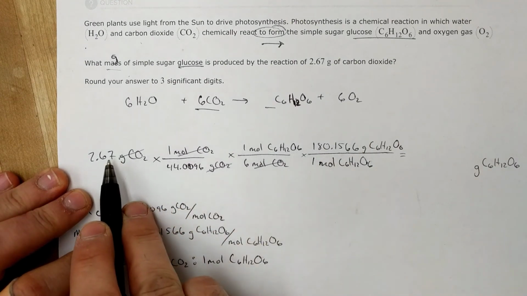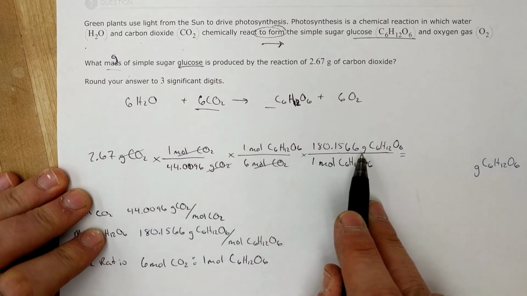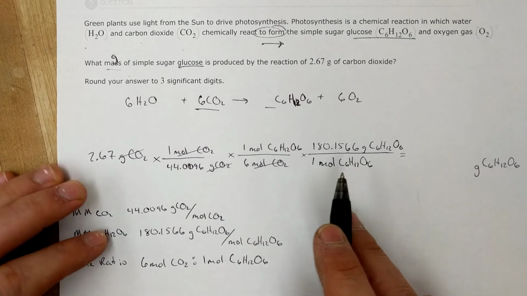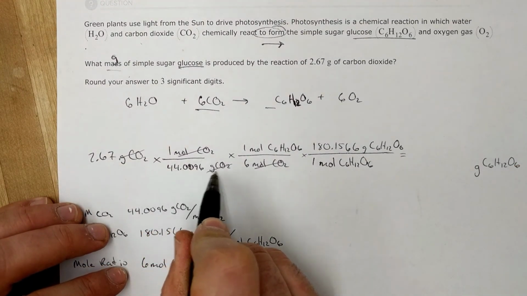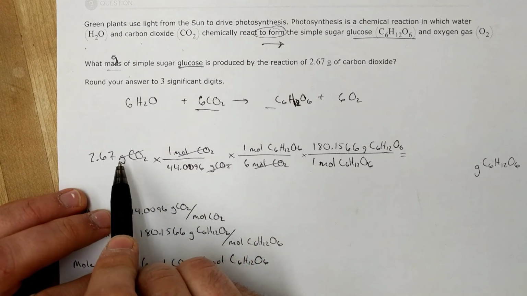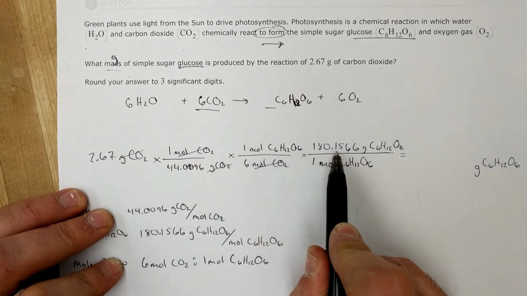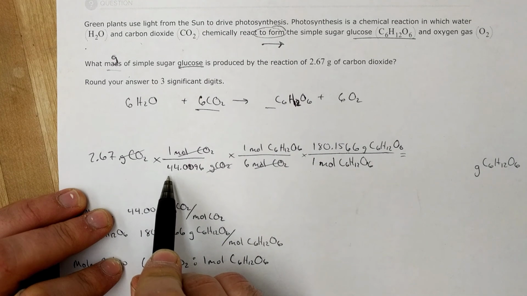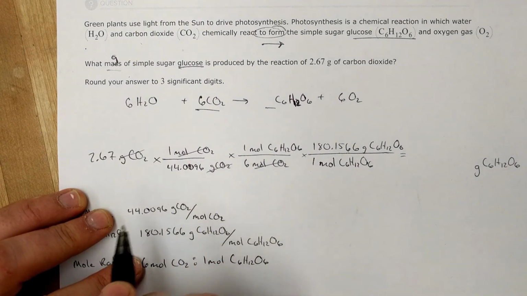Some people like to put it in as 2.67 grams times 180.1566 divided by, and then make sure you put the parentheses around 44.0096 times 6 moles. Otherwise, you would need to make sure you punch the divided sign each time. So you do 2.67 times 180.1566 divided by 44, and then again divided by 6 when you plug it into your calculator.